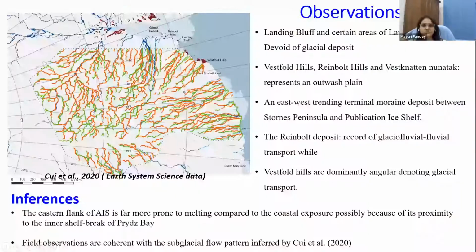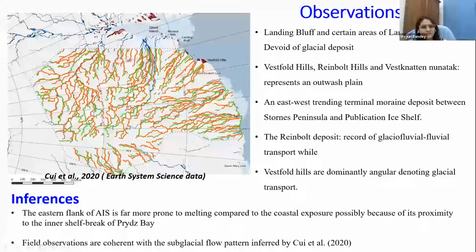And if we see the flow patterns which were inferred through the geophysical surveys, and we collectively see the islands which were having glacial input, the islands which were having the fluvial input, and the islands which were totally devoid of any glacial input, we could find that it is directly related to what has been inferred through the ice cap fields, through the geophysical surveys in this area.